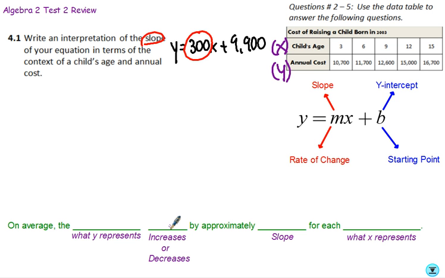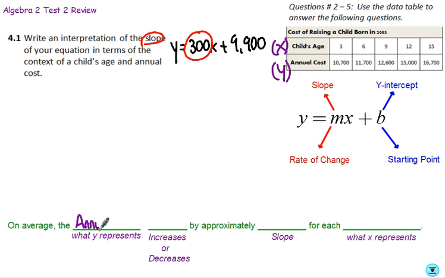Well, if it's a positive slope, that means that it's increasing, which we already know. Or if it's a negative slope, it's decreasing by approximately whatever the slope is for each, and then whatever x represents. So the way that I would write this is I'd say on average, and again what y represents is the annual cost.